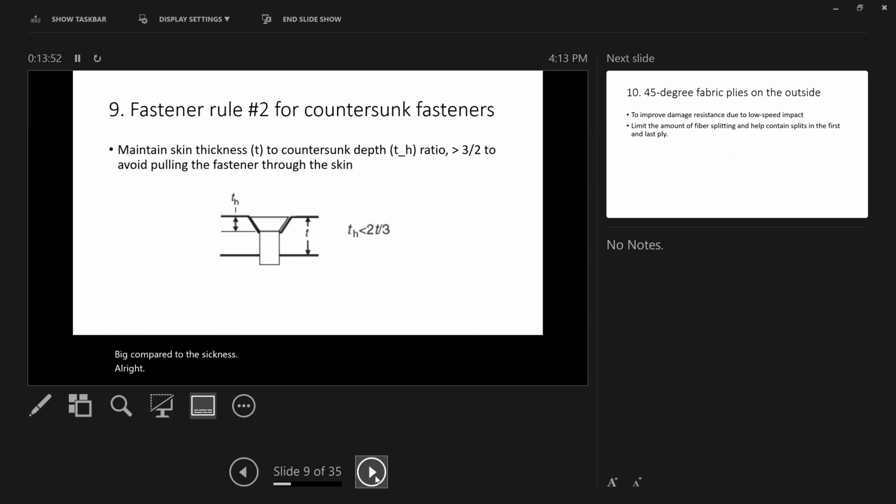Rule number two is relevant to a lot of aerospace structures because they use countersunk fasteners to have a smooth surface.